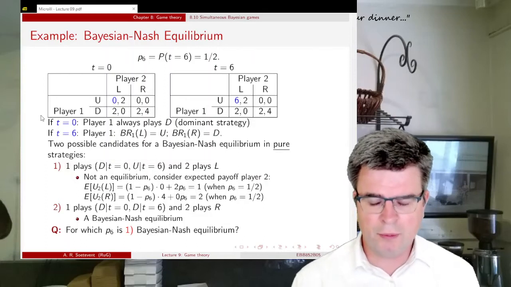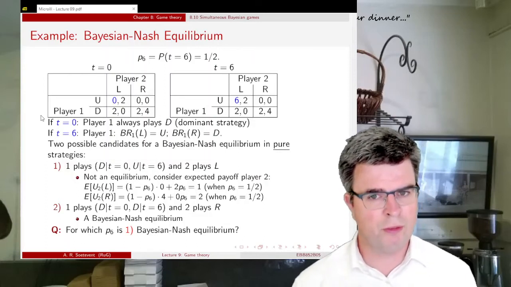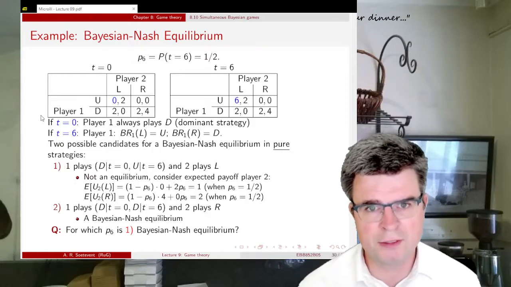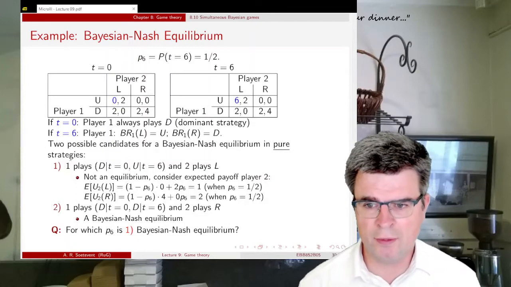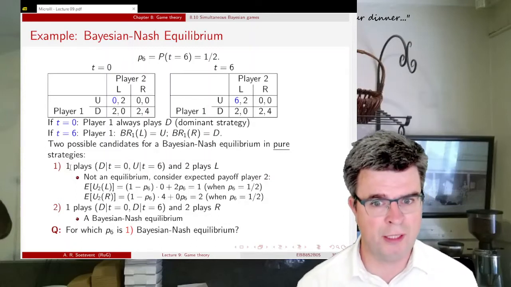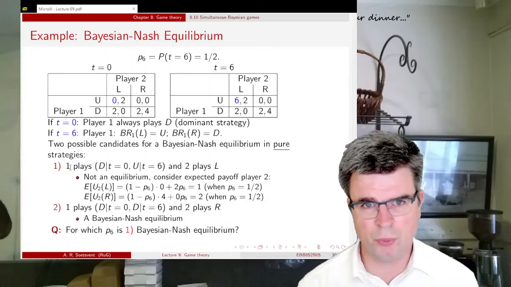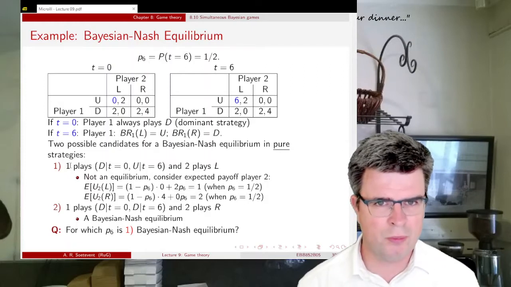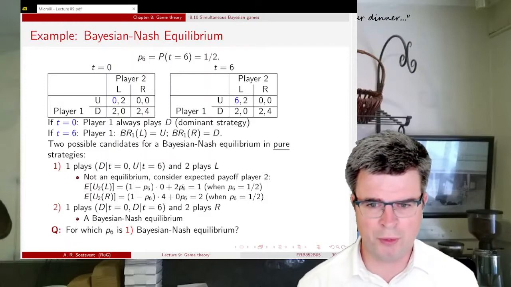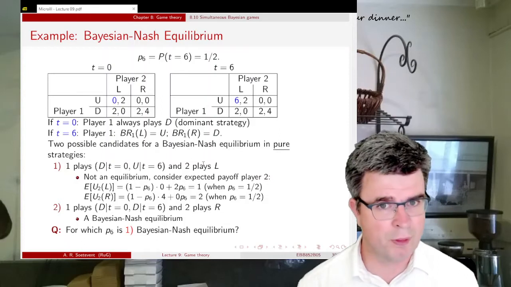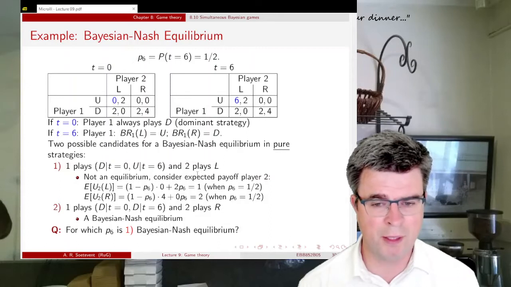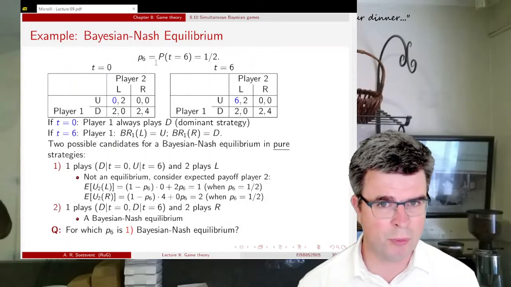And then we can ask the question: for which values of the probability that player 1 is of type T is 6 is our first candidate also a Bayesian Nash equilibrium? That's a question for you to answer. Why did it fail to be a Bayesian Nash equilibrium for P is equal to 1/2?